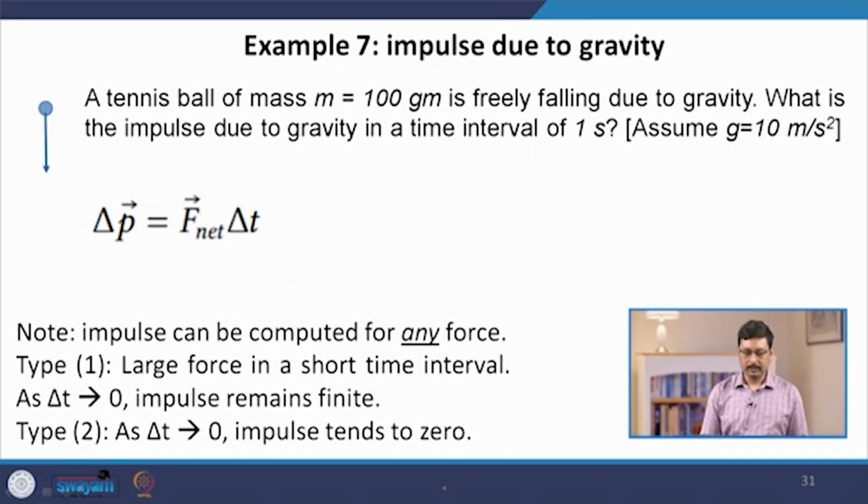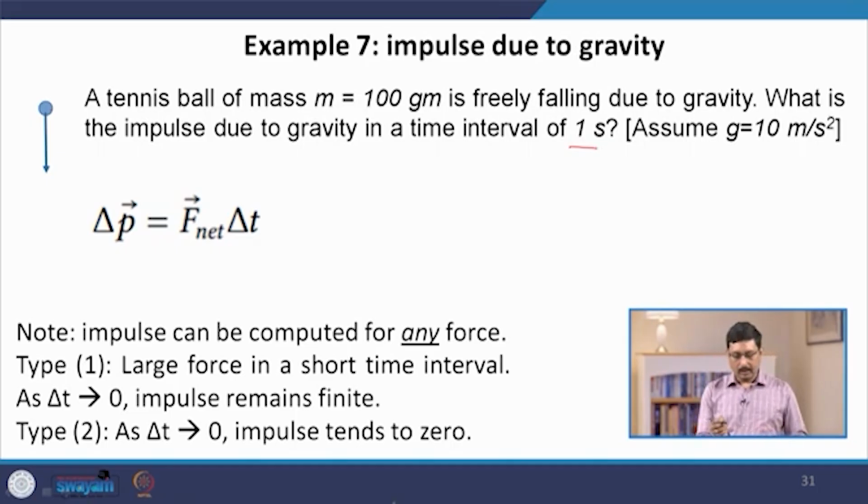So, the next example. In this example, we will calculate the impulse due to gravity. A tennis ball of mass m equal to 100 gram is freely falling due to gravity. What is the impulse due to gravity in a time interval of 1 second? Assume that the acceleration due to gravity is 10 meter per second square.